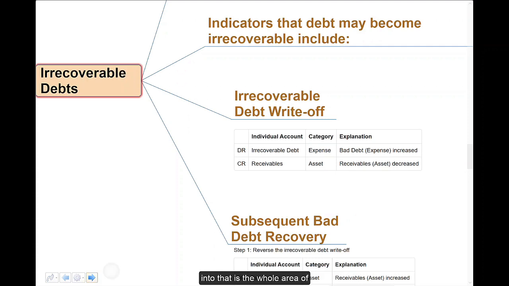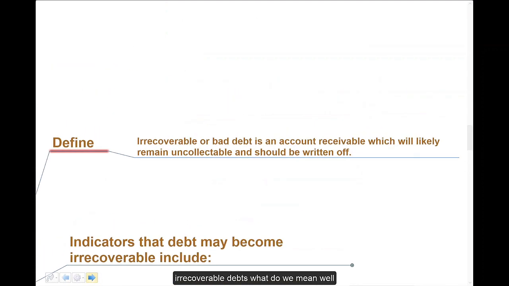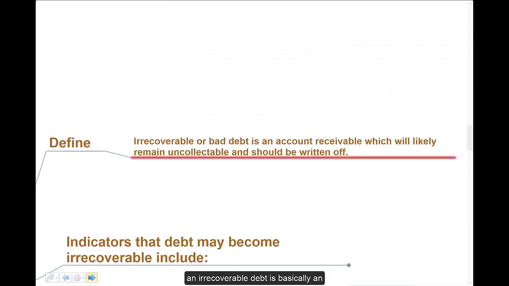Now, linked into that is the whole area of irrecoverable debts. What do we mean? Well, an irrecoverable debt is basically an accounts receivable which will likely remain uncollectible and should be written off. So we've made a sale. We've provided our terms to the customer on credit.